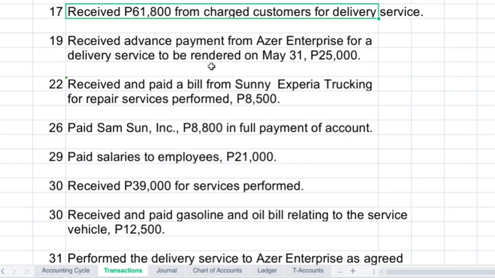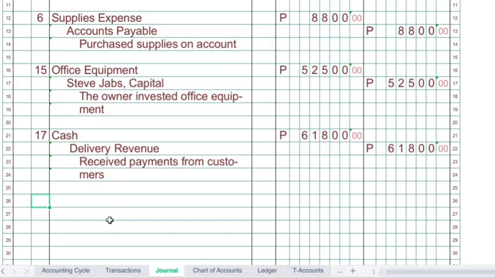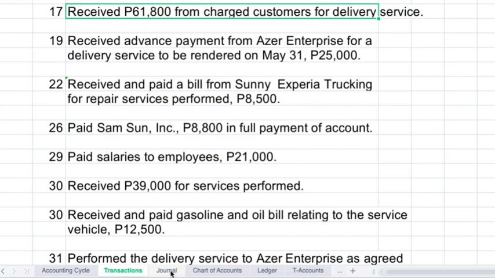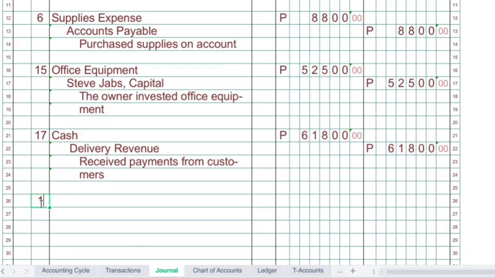So, what are the accounts affected here? Okay, we have the unearned revenue for the advance payment. And then, okay, that should be credited kasi nag-increase. And then, we'll have cash because we receive payment. So, we have cash and unearned revenue, 25,000. So, May 19, so we received cash, okay, advance payment, which is 25,000.